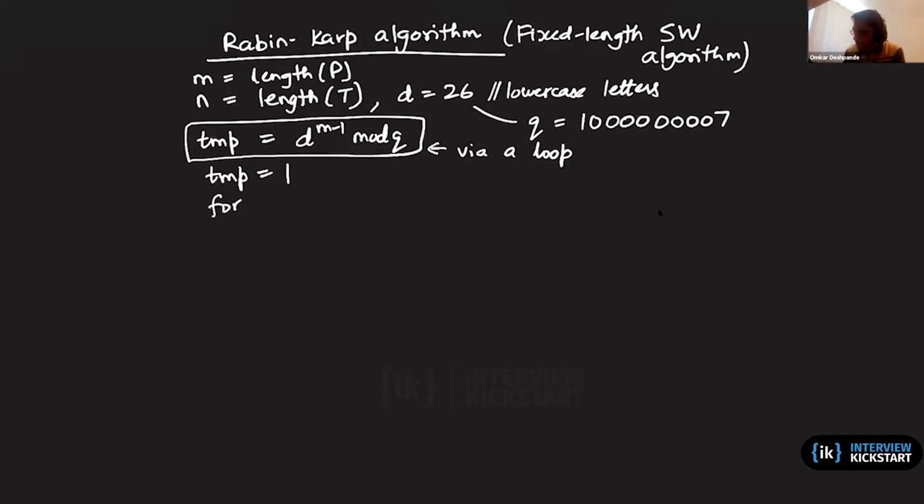Repeat m minus 1 times the following: I take the temporary value, I multiply it with d, and I take a mod q.